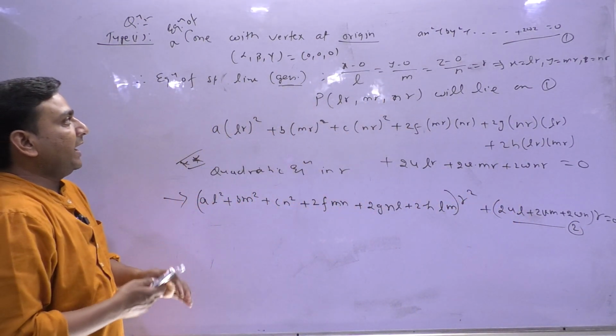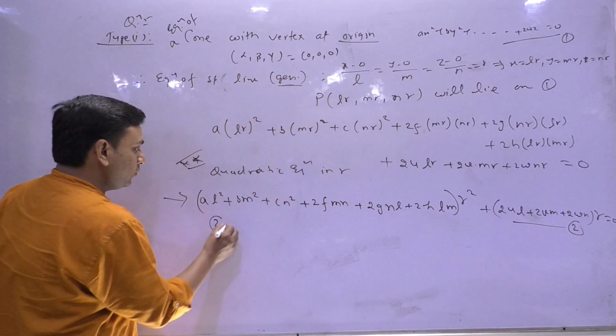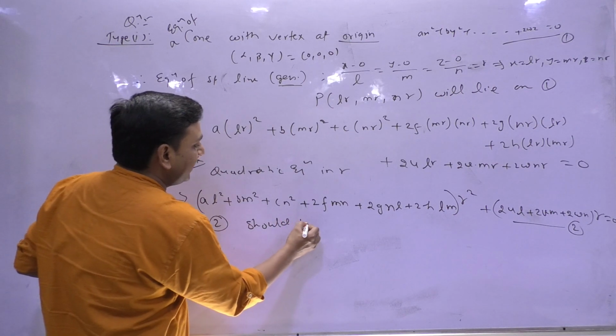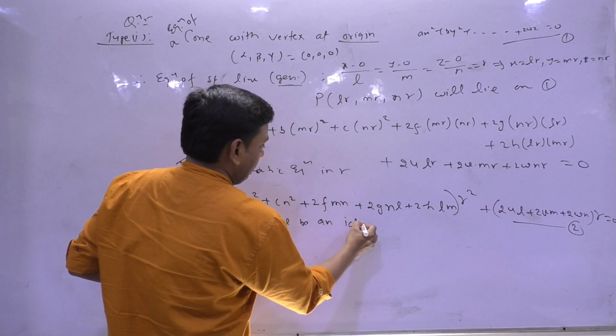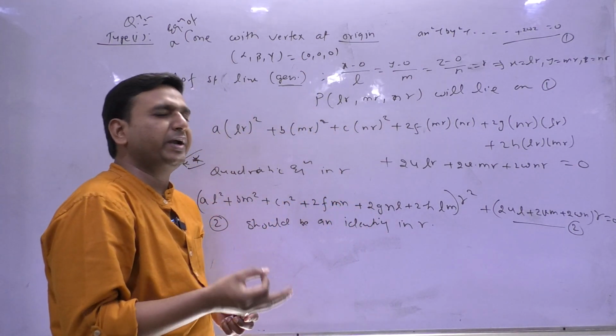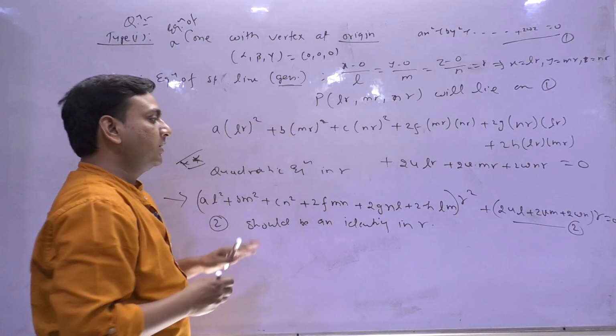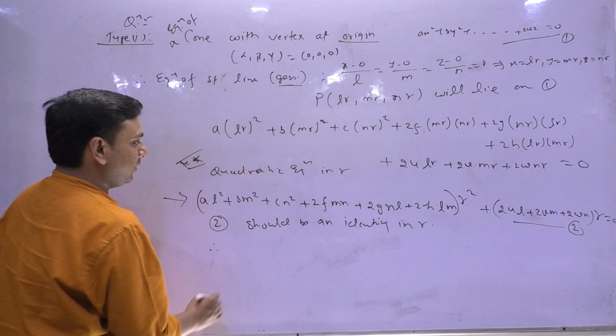Now, for this line to lie completely on 1, equation 2 should be an identity in R. Identity in R means whatever point on the line I take, that should lie on this guiding curve. So what should happen?